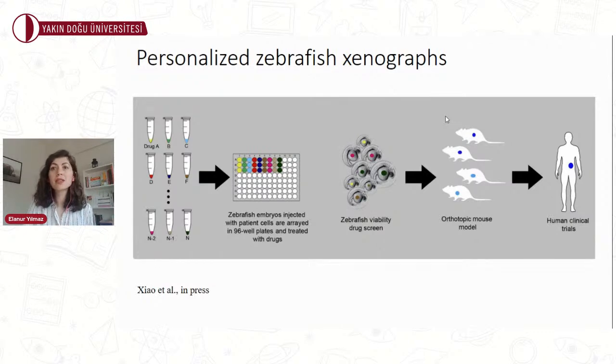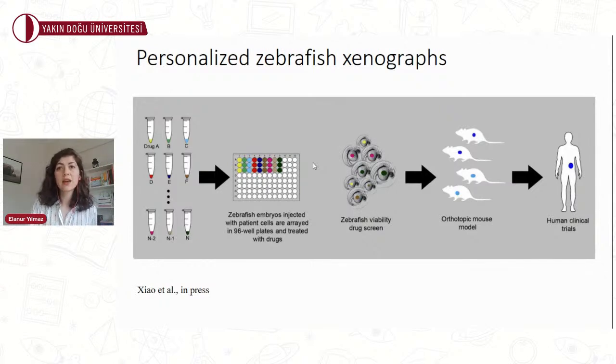Tumor-bearing zebrafish embryos are arrayed in 96-well plates and treated with multiple drugs. Then the tumor-bearing zebrafish embryos are imaged and treated with a selected potential chemotherapy based on molecular profiling, tumor board input, and the judgment of the treating oncologists, of course.